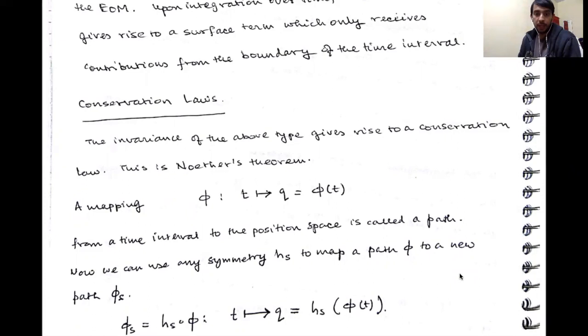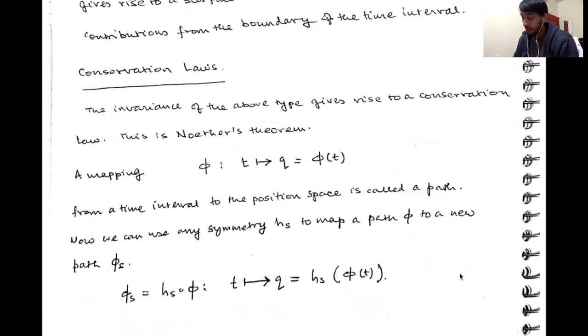So now what we can do is we can use symmetry to map one path phi to a new path phi of s. So what is it going to do? This is a map, phi of s, which is h of s composed with phi.